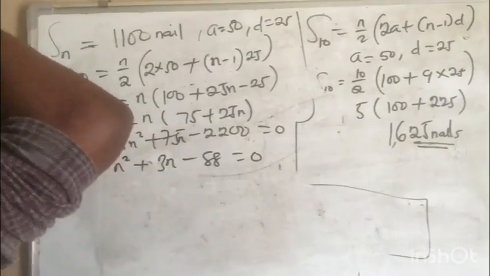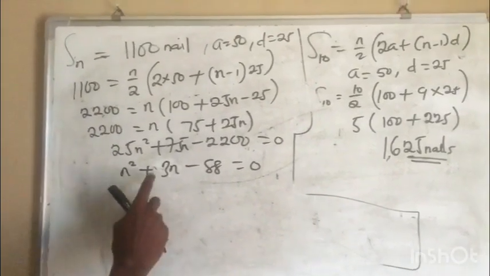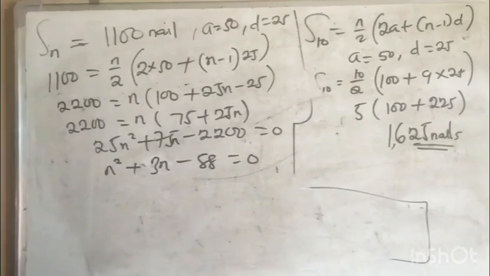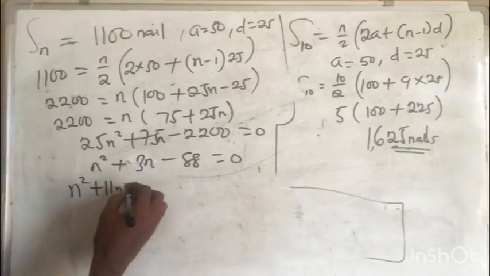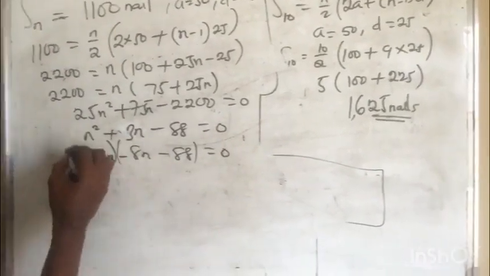Now looking for factors that when I multiply we get 88, and when I add, that will be plus 11 and minus 8. That will be N squared plus 11N minus 8N minus 88 equals 0. Just use factorization.